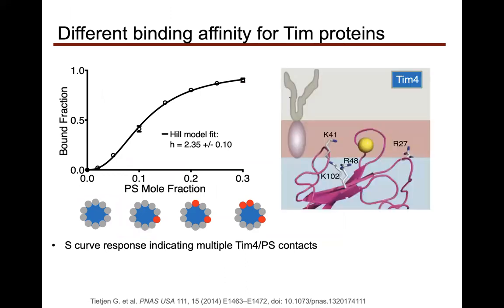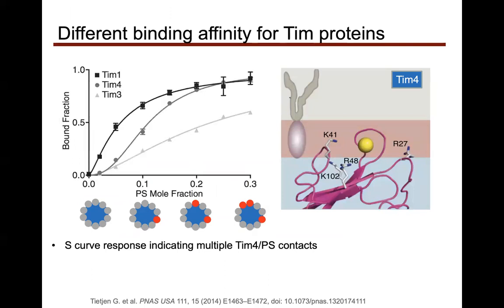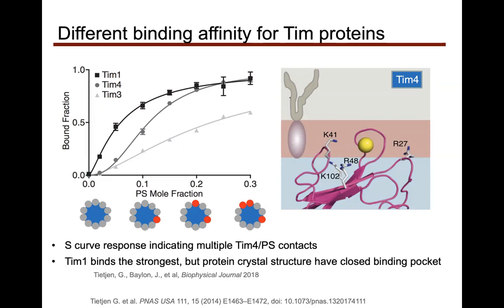This is just to remind you what you saw earlier, that you have a response that is a sigmoidal curve, and juxtaposed to this are the results of TIM1 in this curve, which shows much stronger binding, and TIM3 in this light gray curve, which has a much lower affinity to the surface from the assay itself. And the S curve corresponds to, as I said earlier, TIM4 having multiple PS binding partners, and would the other 2 be similar?